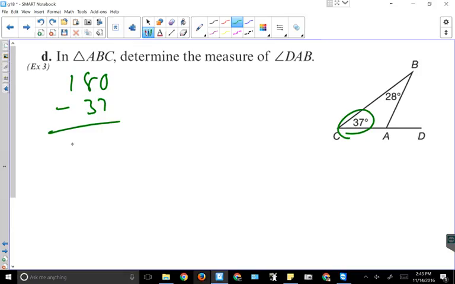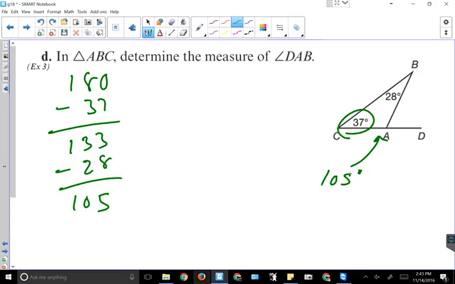And so that leaves me with, oh, what would that leave me with? 133. Then I'd subtract off 28, and that would leave me with what? 105? So that means this one here could be 105 degrees, correct?